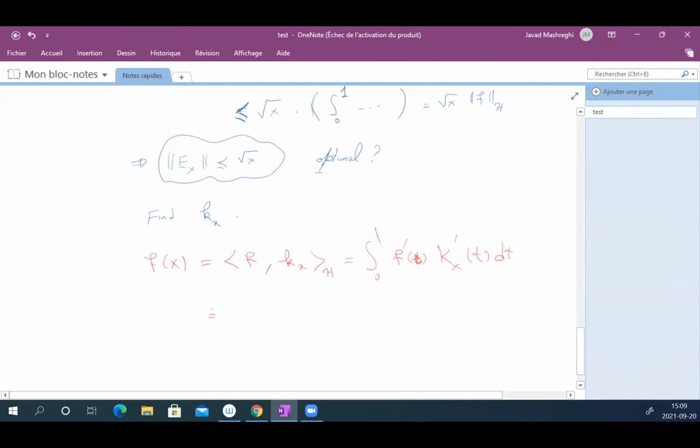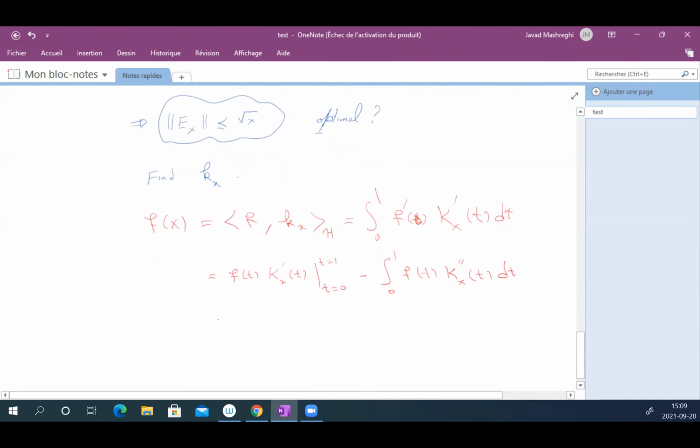f of 1 times kx prime of 1, minus the integral from 0 to 1 of f of t kx double prime of t dt. And let me assure you, you obtain the same thing, because when I write f of t kx prime t from 0 to 1, minus the integral. Do you see why still I write here 0?